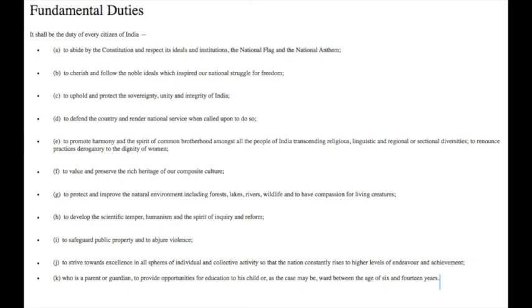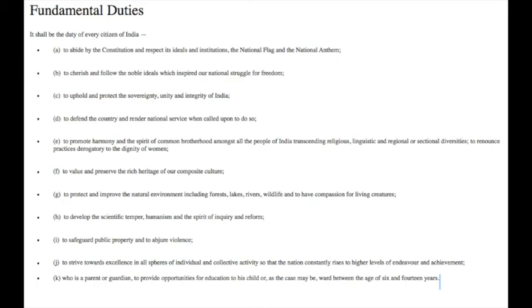It is necessary for every parent or guardian, if somebody is under his guidance, under his supervision, to provide opportunities for education to his child from 6 to 14 years of age. It is a basic right now also of every child to get education from 6 to 14 years of age.